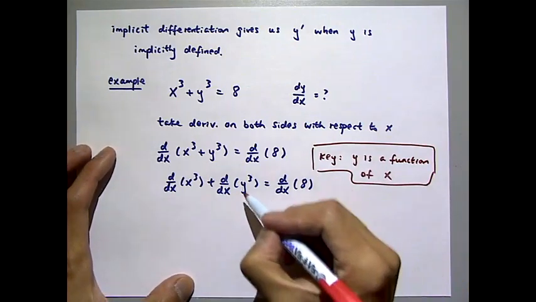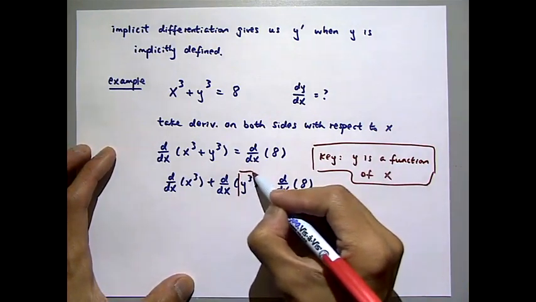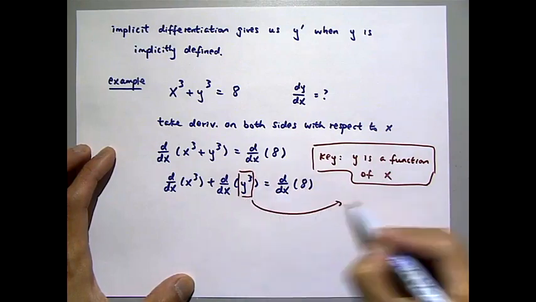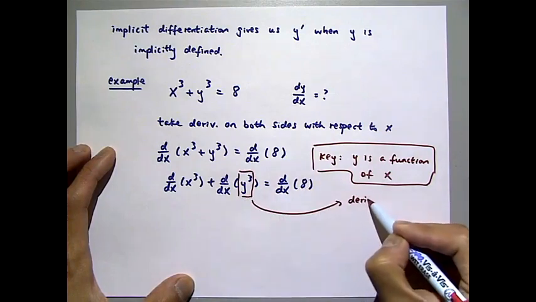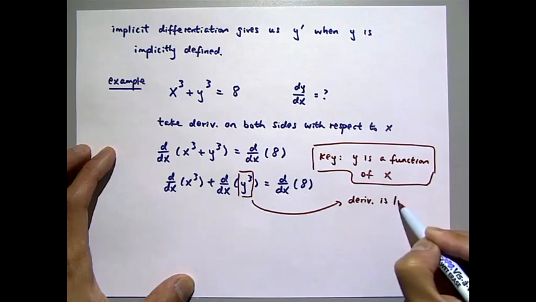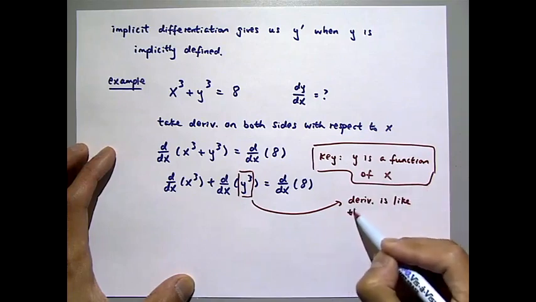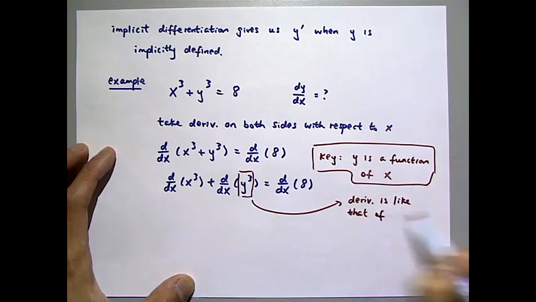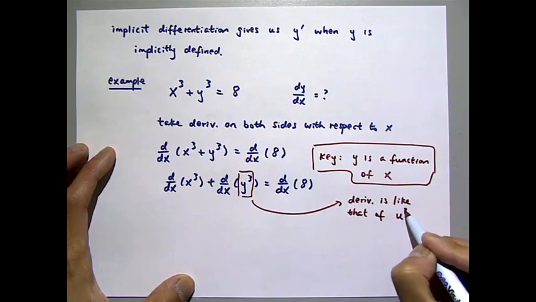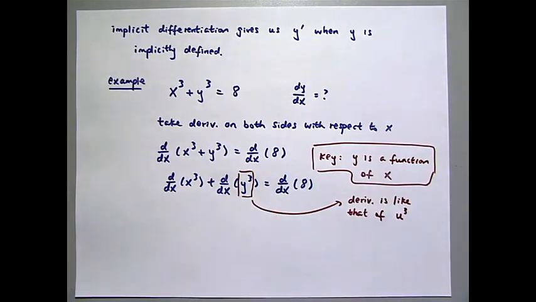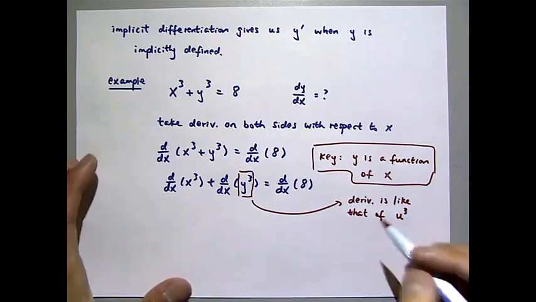So that means in this part right here, when you take the derivative of y cubed, it's really no different than taking the derivative of u cubed when you use the chain rule.